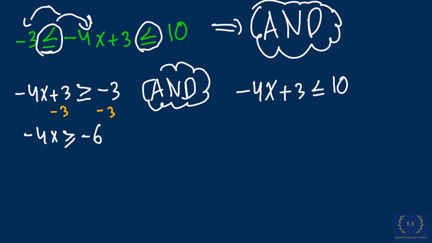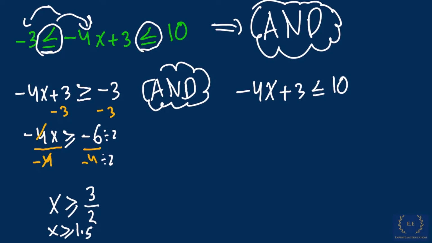Now in this case, I'm going to divide by minus 4 to get rid of the 4, and divide by minus 4 as well. The answer will be x is greater than or equal to 6 over 4. If I divide by 2 on top and bottom, I'll end up having 3 over 2, which is 1.5. So x is greater than or equal to 1.5. This is the solution for the first part of my compound inequality.